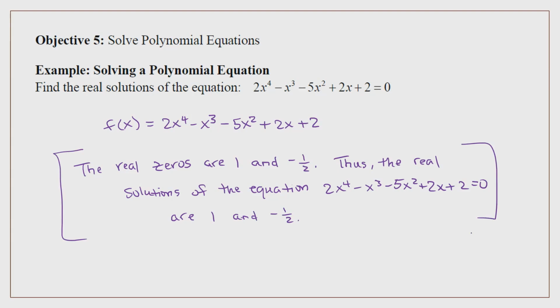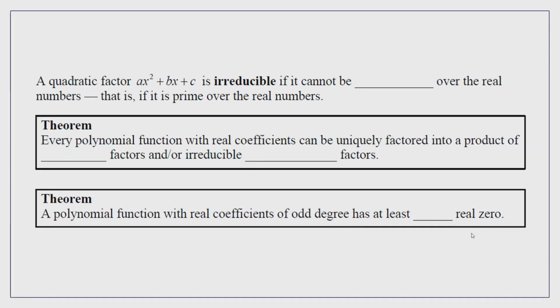Okay, so a quadratic factor, ax squared plus bx plus c, is irreducible if it cannot be factored over the real numbers. That is, if it is prime over the real numbers.